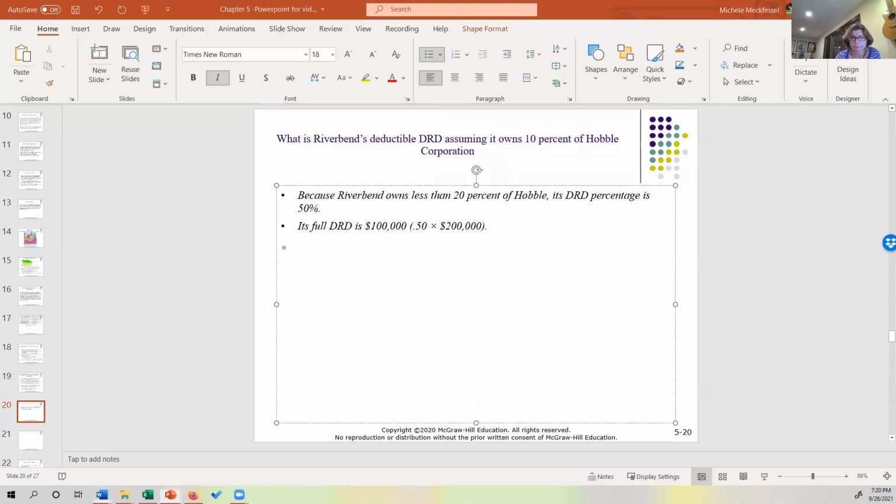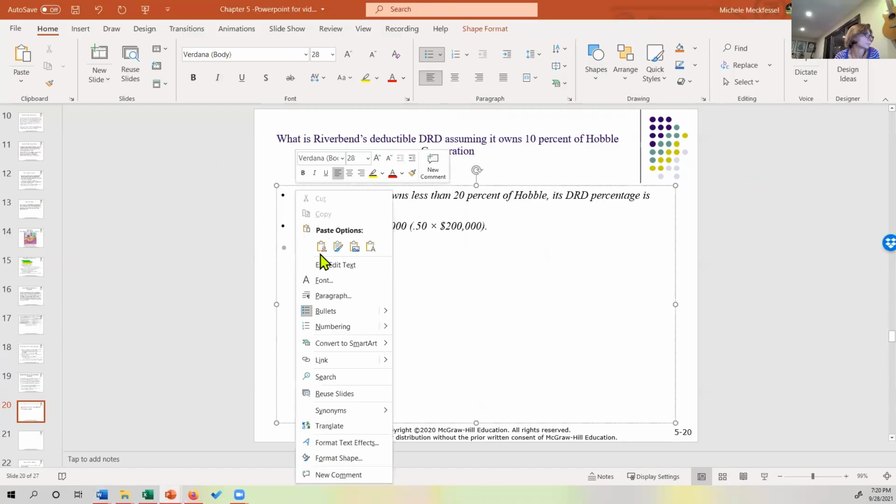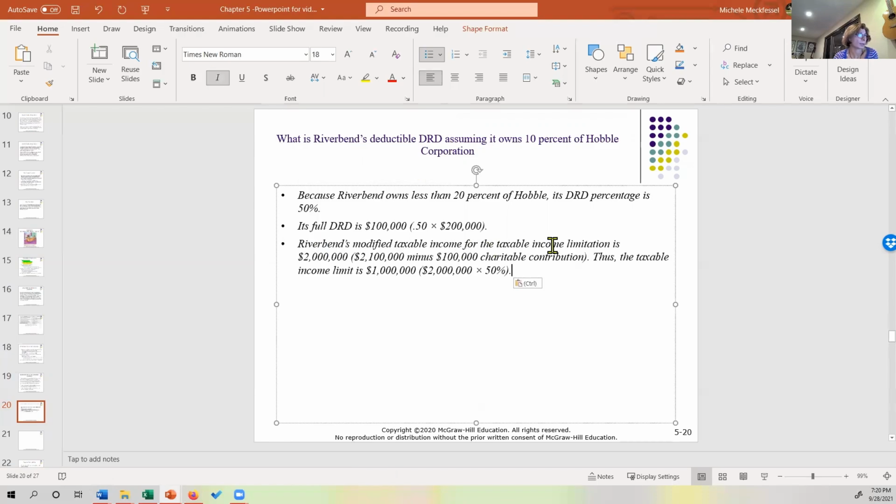Now we need to look at their modified taxable income. Their modified taxable income for the limitation is $2 million, and their taxable income limit is 50% of that, so that's $1 million.